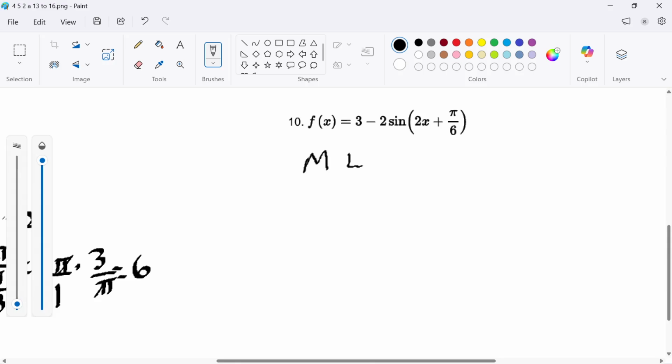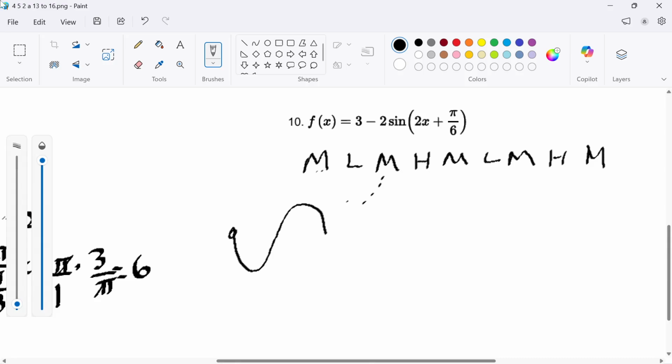It's going to go to the low, medium, high, medium, low, medium. So it goes medium, low, medium, high, medium, low, medium, high, medium. I just had to see how many cycles or how far I had to go.